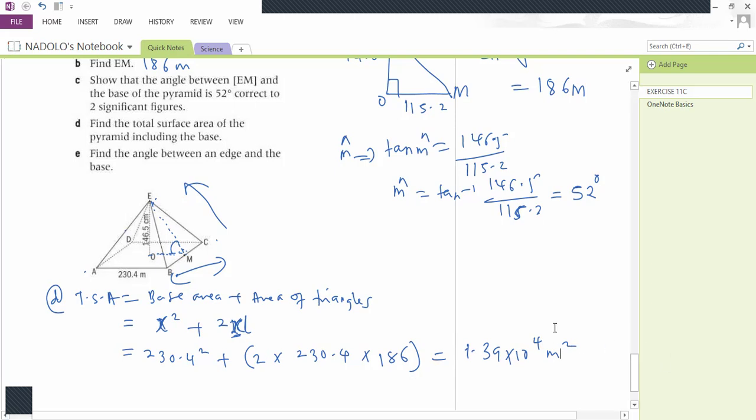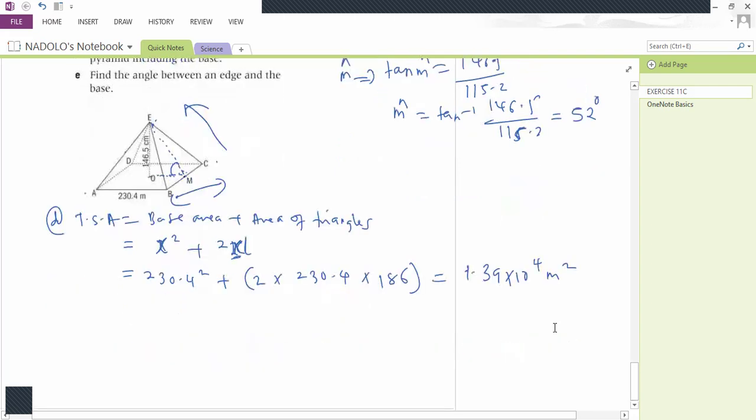Then find the angle between an edge and the base. So we're going to choose any edge and the base. An edge is a line. For example, you can choose line EC because we have used it before, and you can find the angle between line EC and the base, or edge EC and the base.